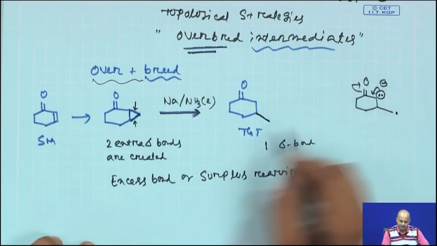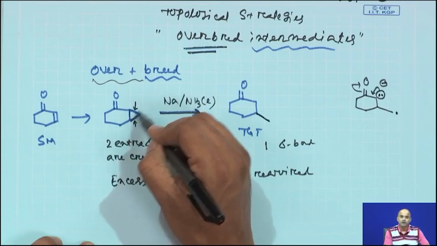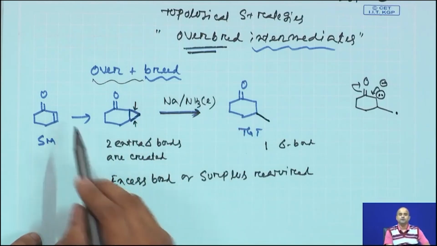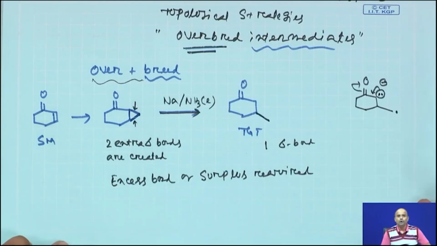So this extra bond, which is not required, we are cleaving, although in the initial visualization you have to create the extra bond. This overbred strategy was sometimes very useful.